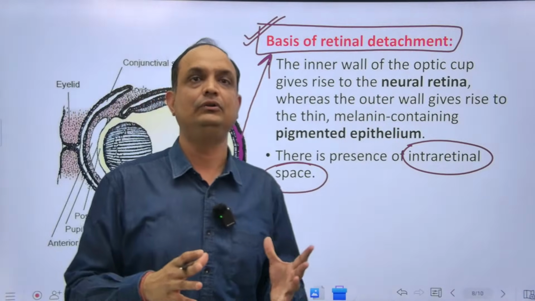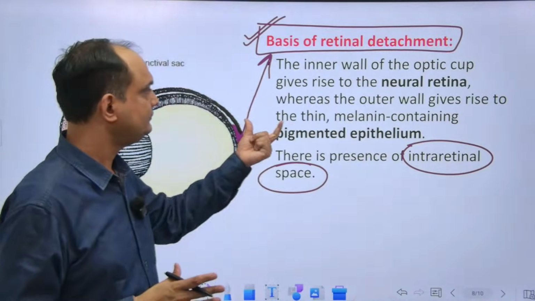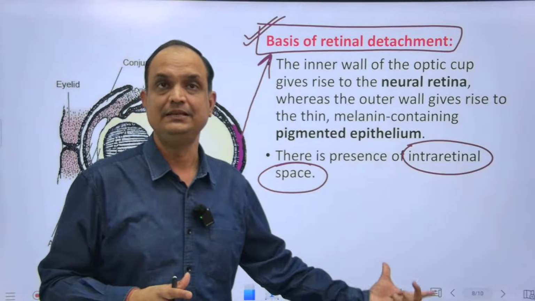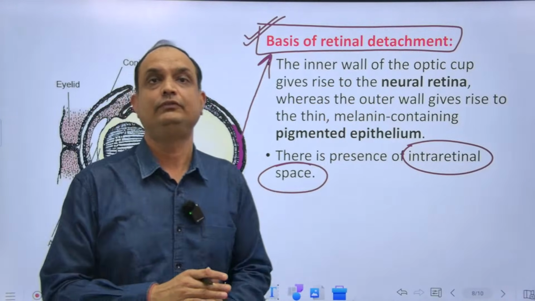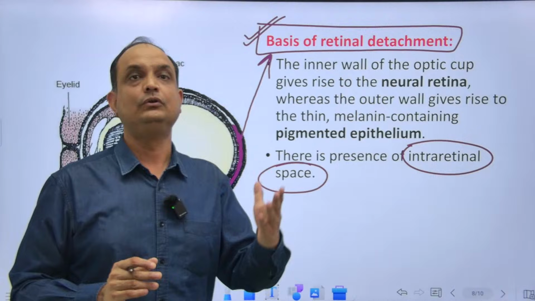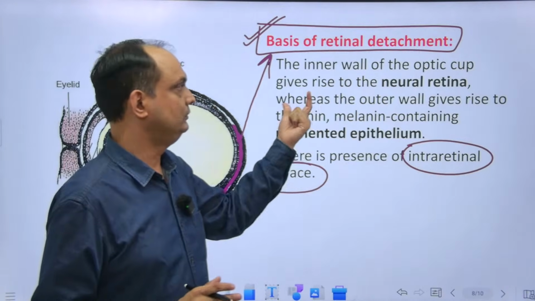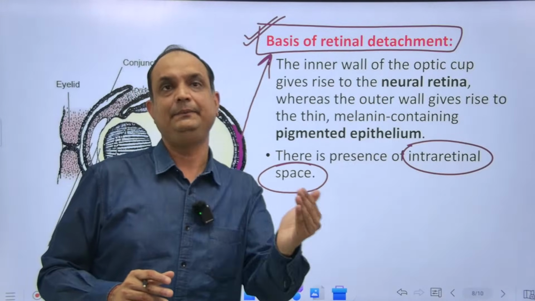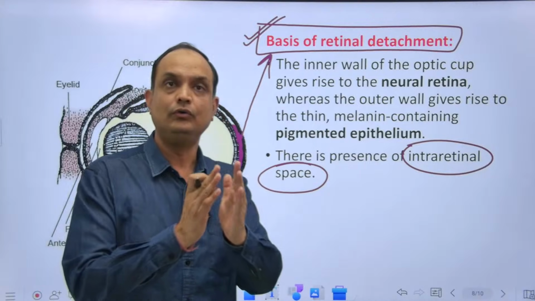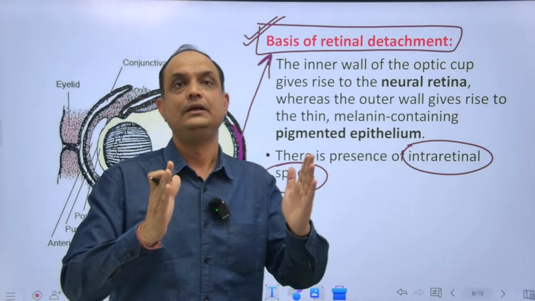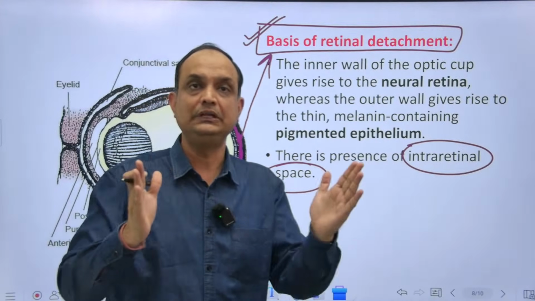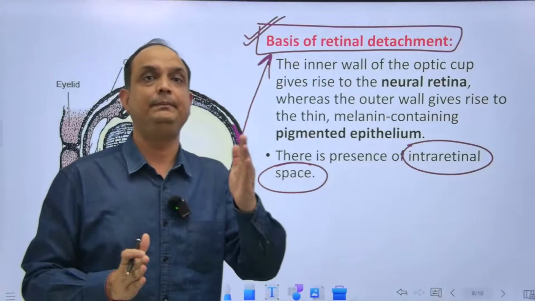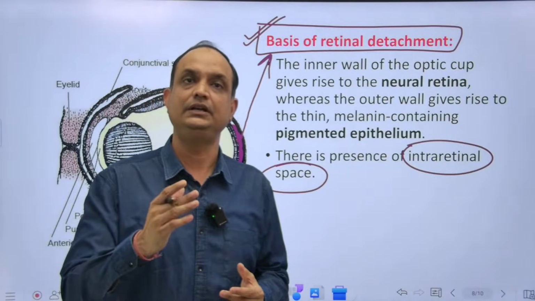You have to write only two lines: there is a space between the two layers of the optic cup, which later give rise to the neural retina and pigmented epithelium. If both layers detach, this space becomes the potential space for the detachment.